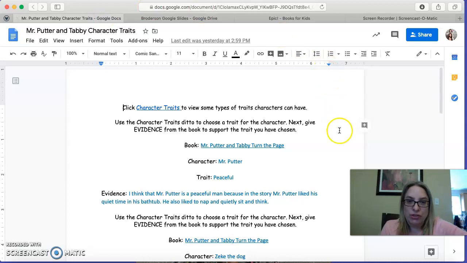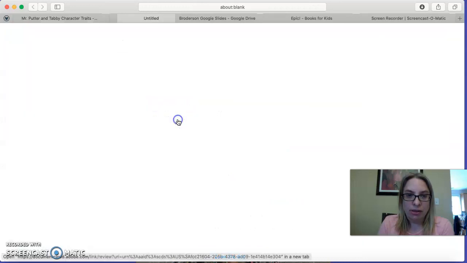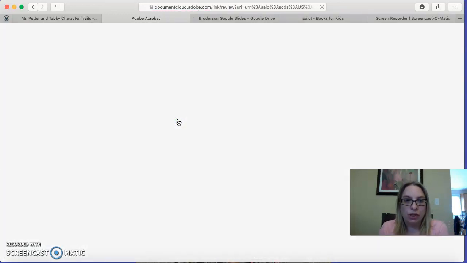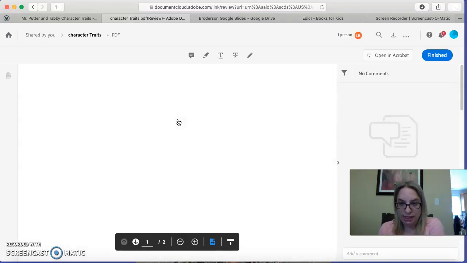So what you're going to do now is complete a character traits ditto. Now that you've finished, I'm going to model how you're going to do that. On this paper, there is a little document that you can click on. When you click on it, it is going to bring up a bunch of character traits.